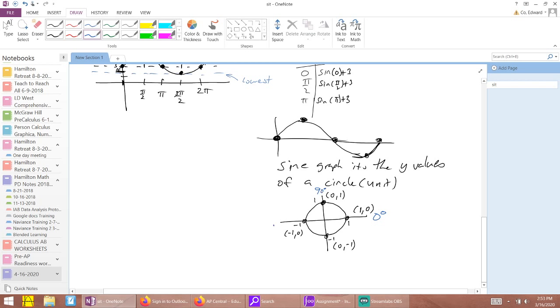This is 180 degrees. This is 270 degrees. And in radians, this is 0 radians. This is pi over 2. This is pi. 3 pi over 2. And back to 2 pi.